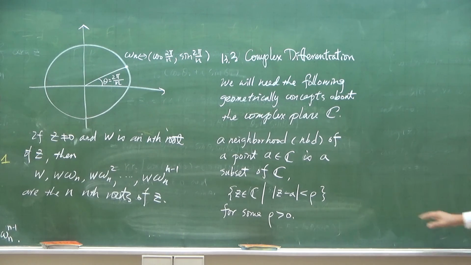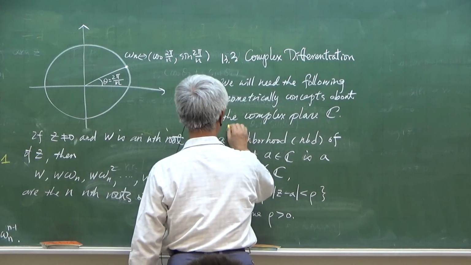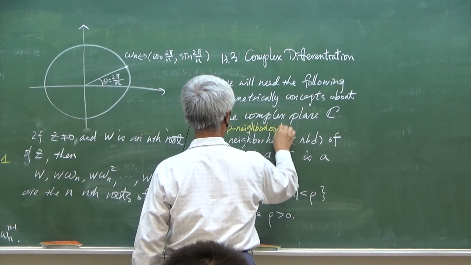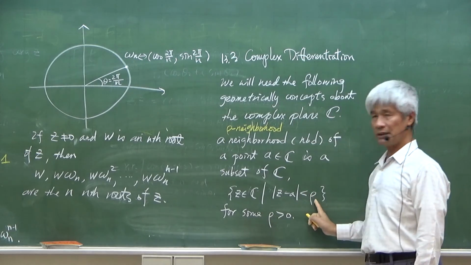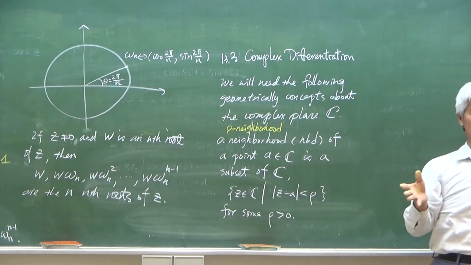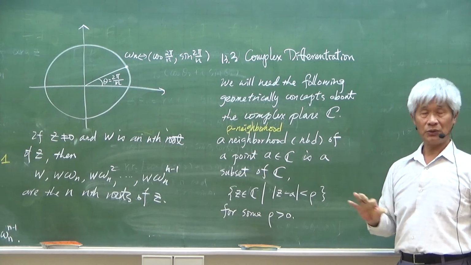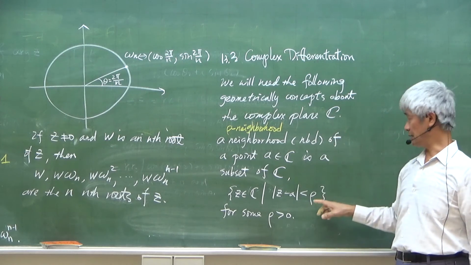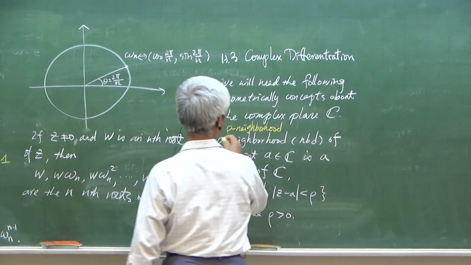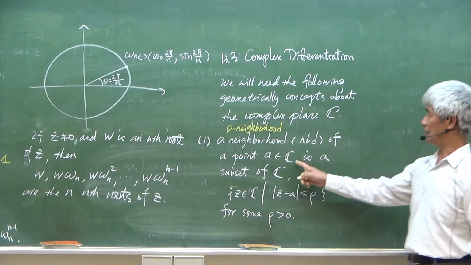Sometimes people call it a rho neighborhood, to indicate the radius rho. But in many situations, the size of the neighborhood is not essential, so we just know that rho is greater than 0. That's fine. So the concept is a neighborhood of a point A in the complex plane.